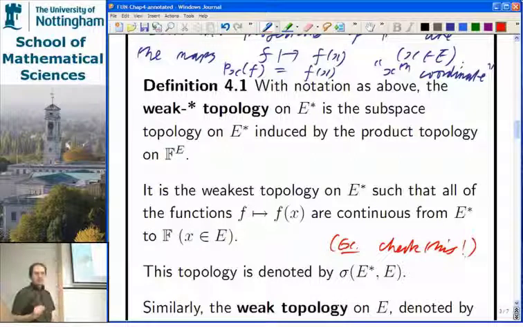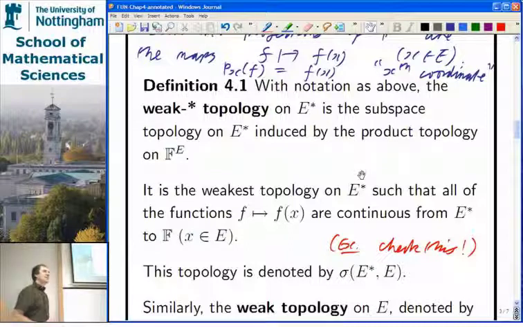So the weak star topology on E star, that's the subspace topology that comes from the product topology, and it's still the weakest topology, but this time the weakest topology on this subset, so that these coordinate projections are still continuous.